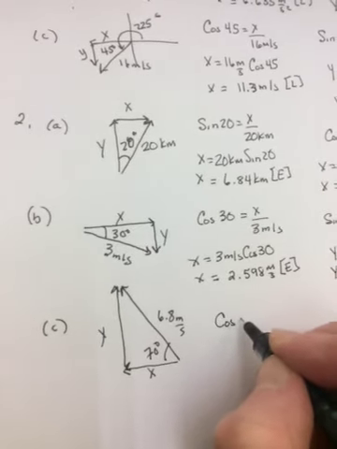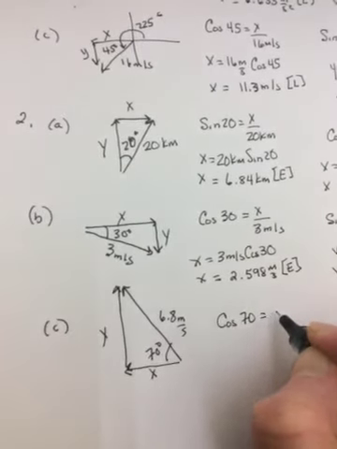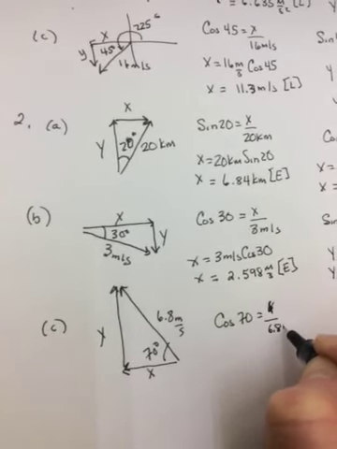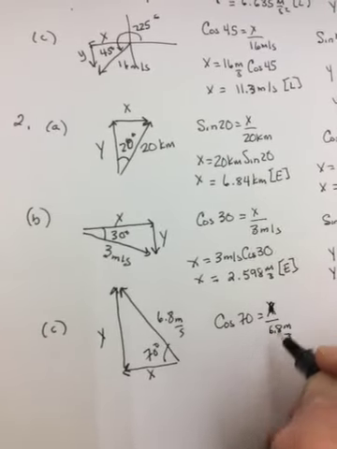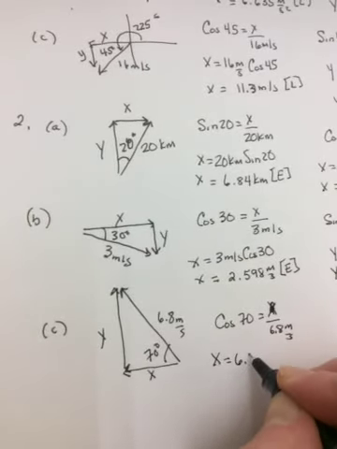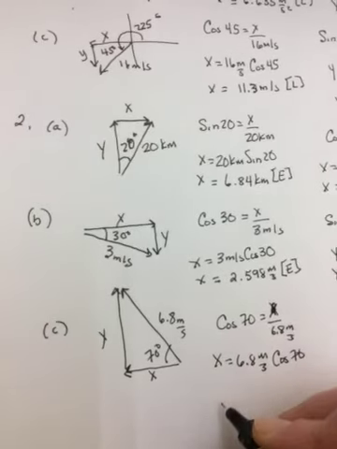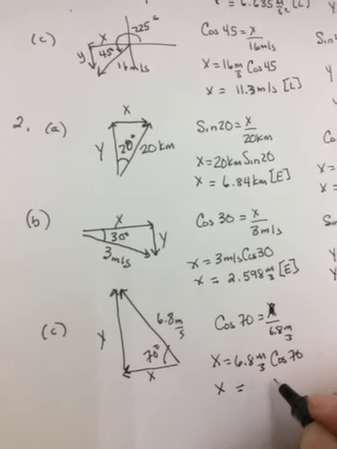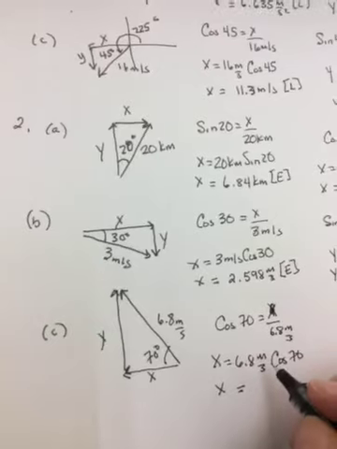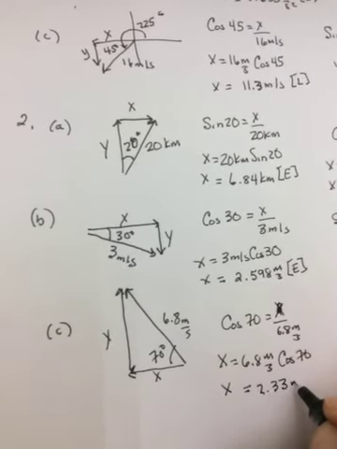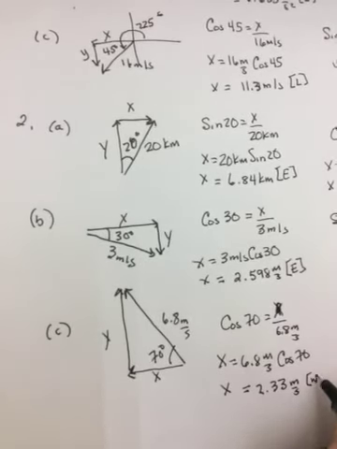My x is my adjacent side again. So cos of 70 equals x over 6.8 meters per second. So x should equal 6.8 meters per second times the cos of 70. X is going to equal 2.33 meters per second, and it's going west.